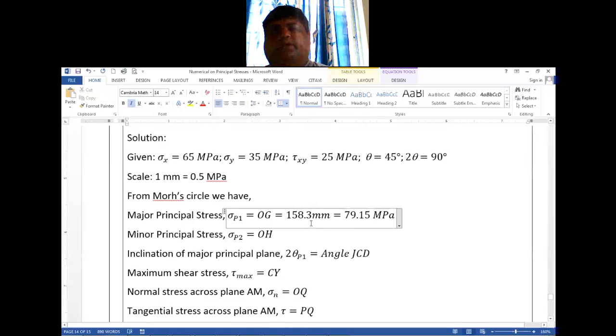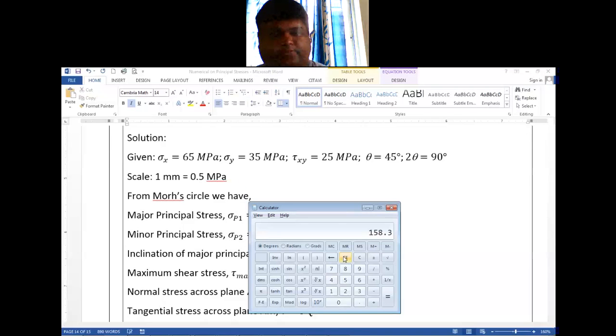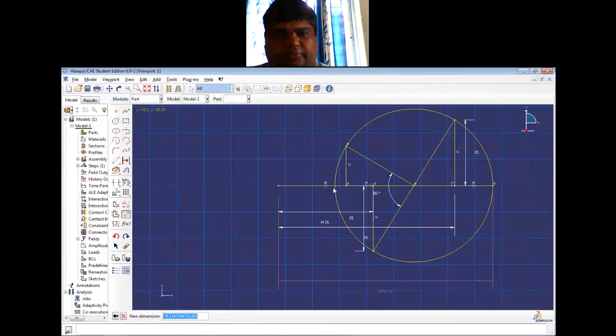Now you have to multiply this length by the scale, which is 0.5, right? So OH, this is OH. Again, there is no point, I cannot measure that. So I'll just draw a line like this.